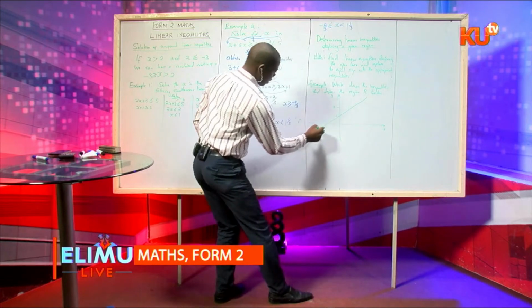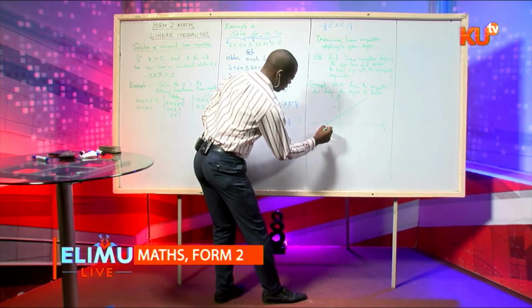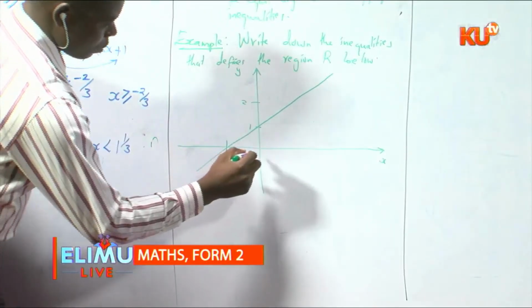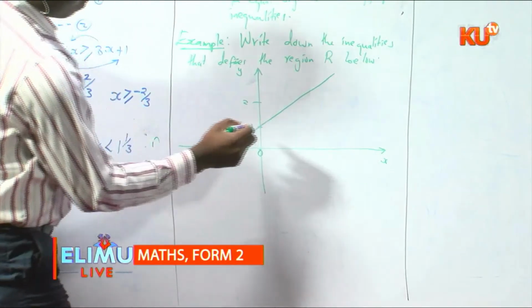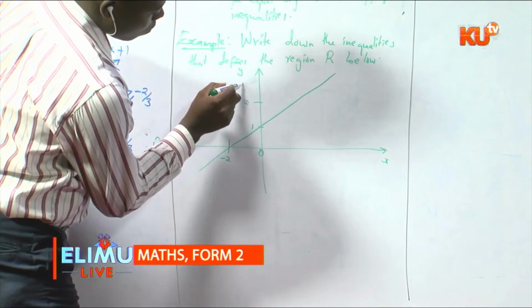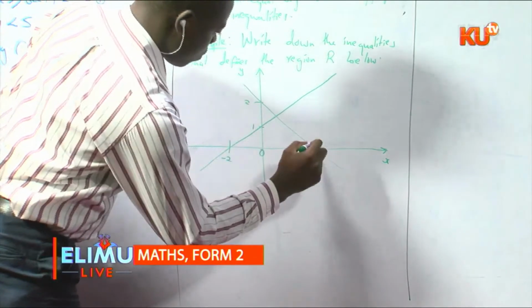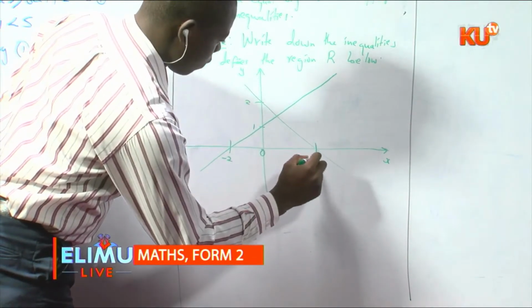So you have this line. This is -2, this is 0. This is 4.